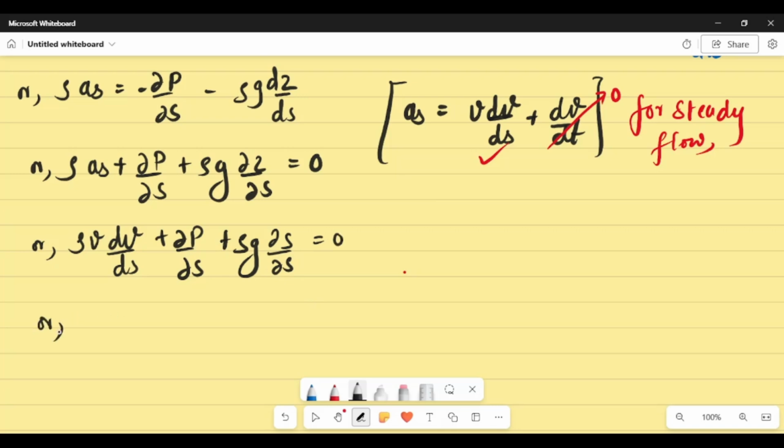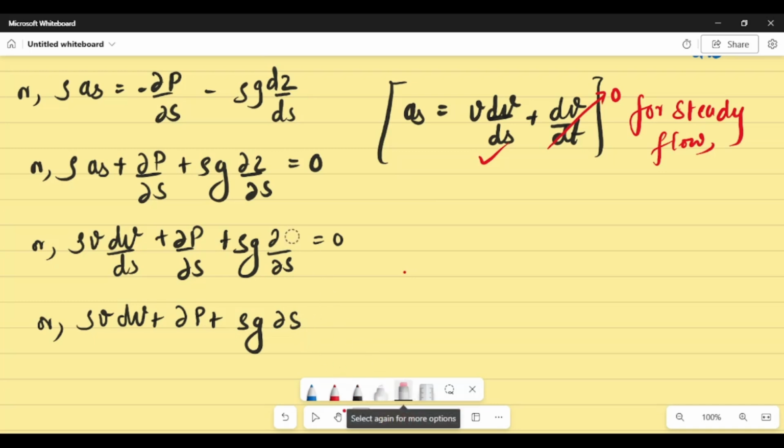So we get rho v dv plus dp plus rho g dz equals 0.